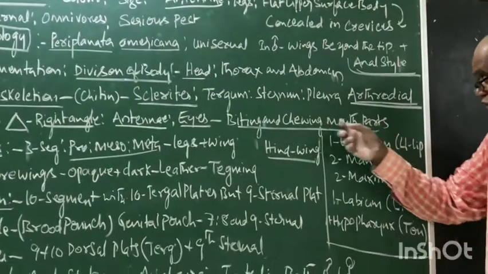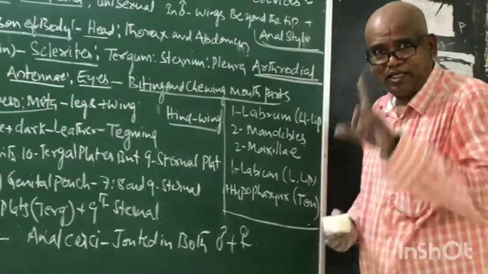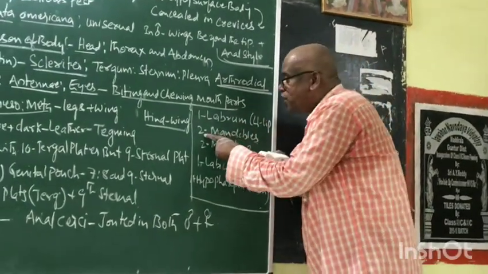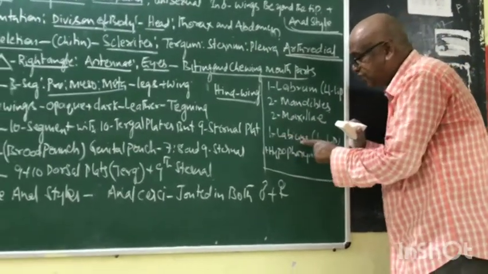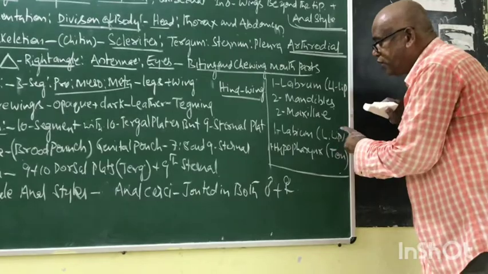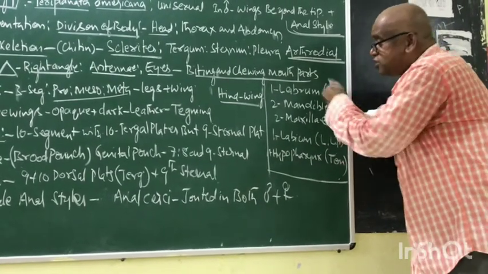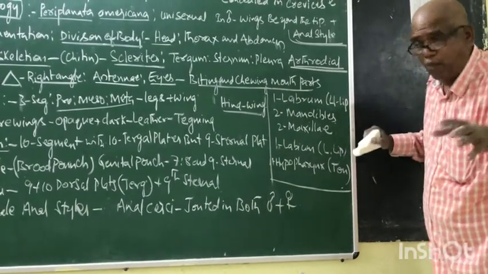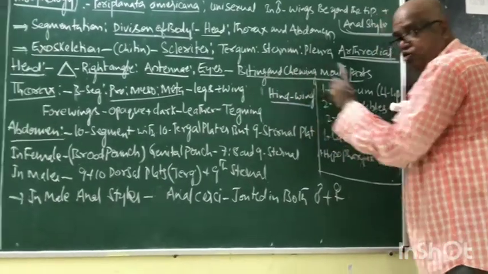These biting and chewing mouth parts contain a single labrum, that is upper, a pair of mandibles, a pair of maxillae, a single labium, lower, and hypopharynx, which is also called the tongue. All together with the mouth form mouth parts, which are of the biting and chewing type.